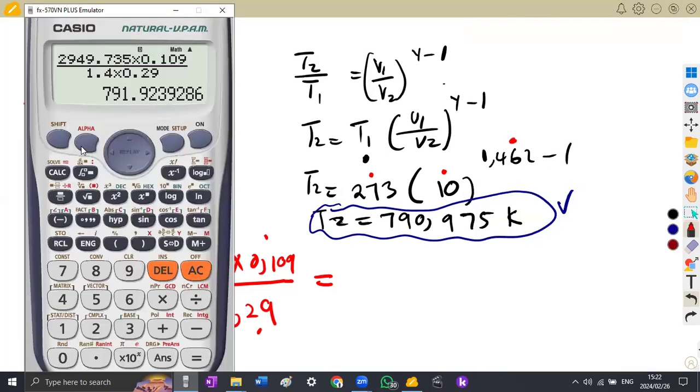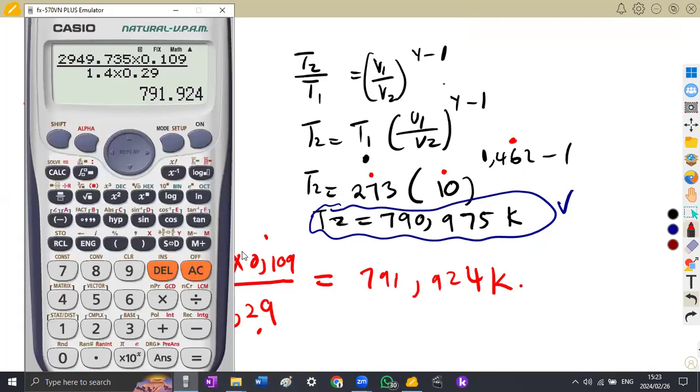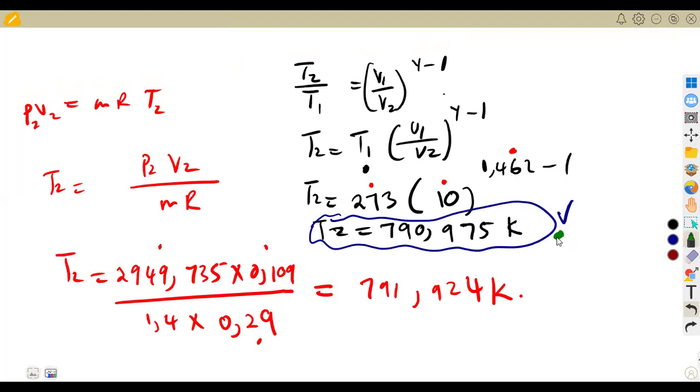You can even fix this to 3 decimal places. So that's 791.924 Kelvin. So if you are using this, it's fine, you work with that one. But like I said, guys, for my preparation, I already worked with the first one. So I'm going to take this T2.